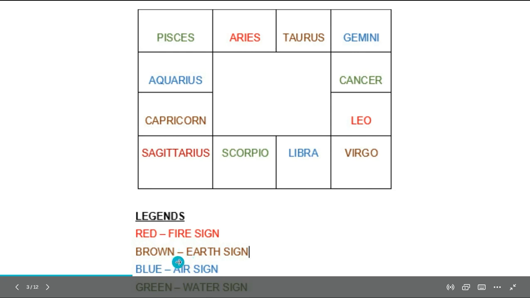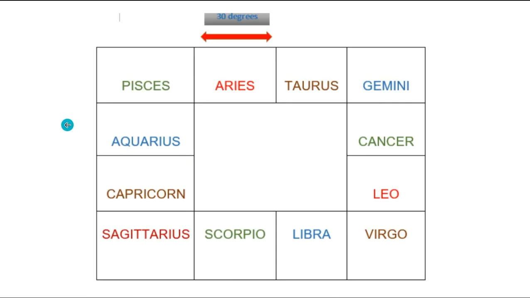The zodiac wheel or the chakra, which is 360 degrees, is divided into 12 houses, okay, and signs which each comprise 30 degrees. So 30 degrees is allotted to each sign in the zodiac, and the degrees also have a very important role to play in astrology.